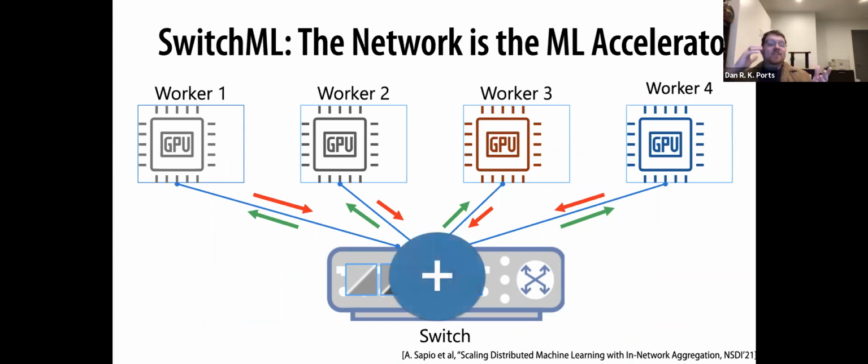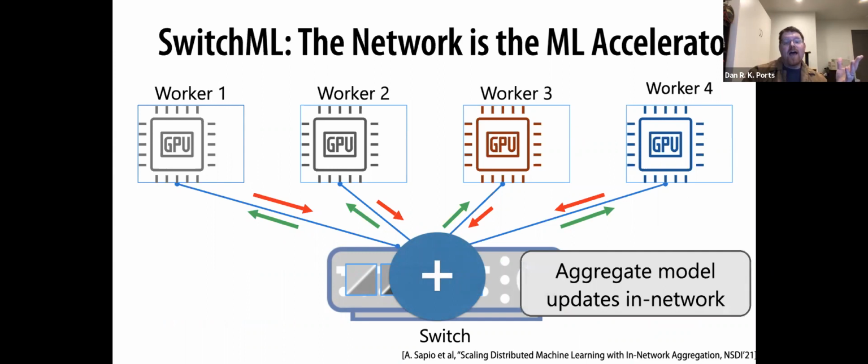And so if we could ask the switch to perform this sum computation and do this aggregation in the network, we'd have a much simpler communication pattern, where rather than having to do the conceptual all-to-all aggregation, all of the workers send their updates to the switch, which computes the sum and distributes the result to all of the workers, which is at least a 2x improvement in number of messages from existing work.